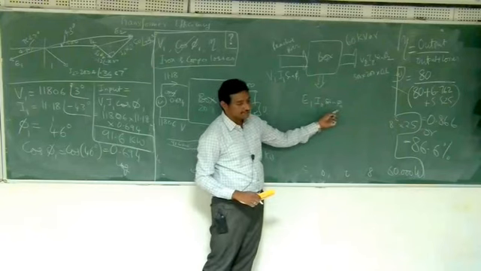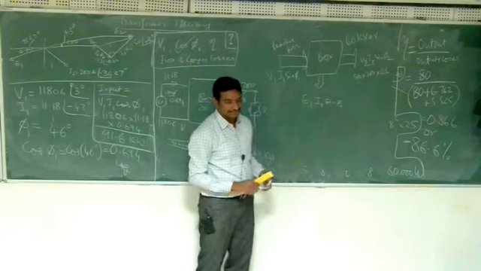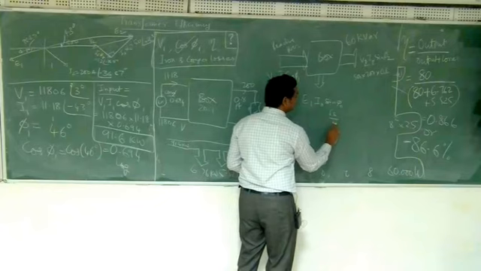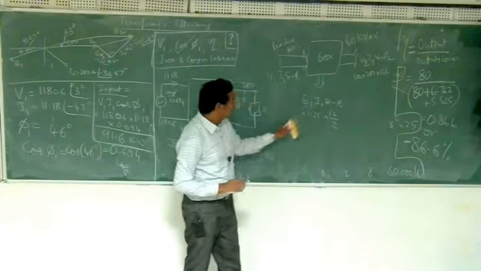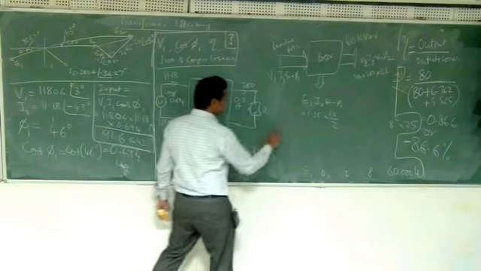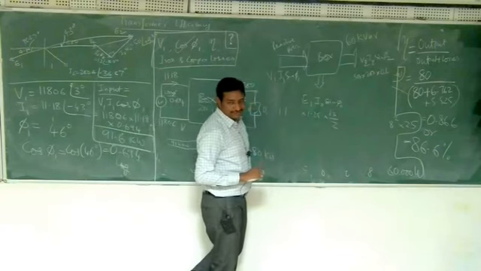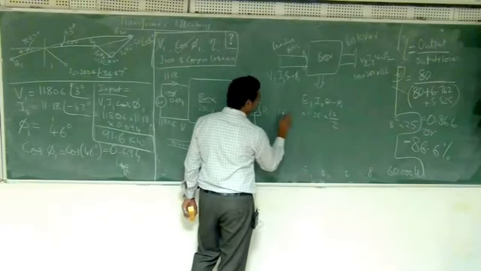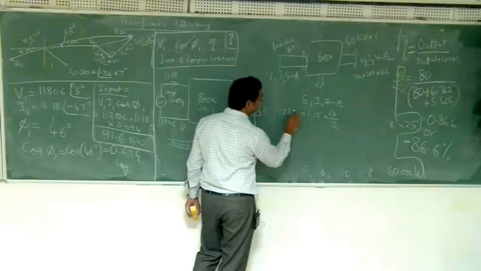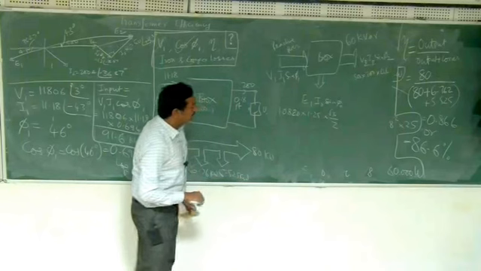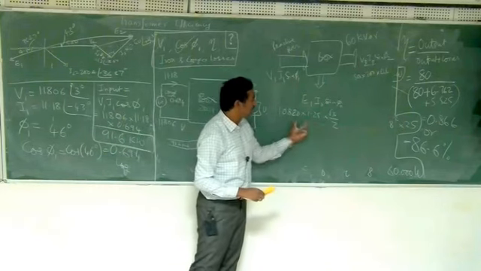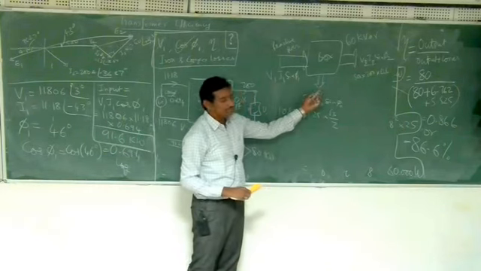What is sine of 60 degrees? Root 3 by 2. And I naught is 1.25, given. E1 we calculated, how much was it? 10860 or 820? Yes. This is a simple calculation that will tell how much is the reactive power loss.